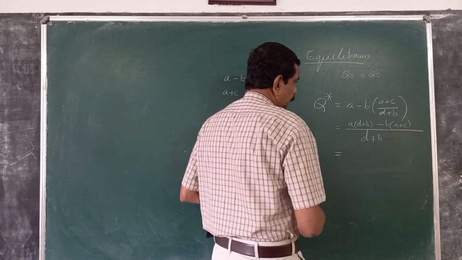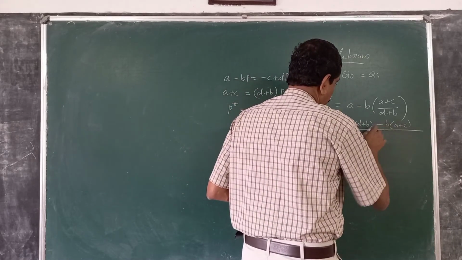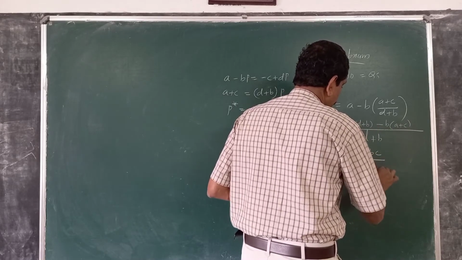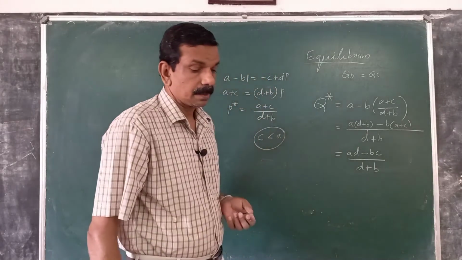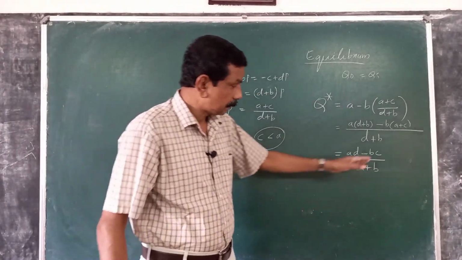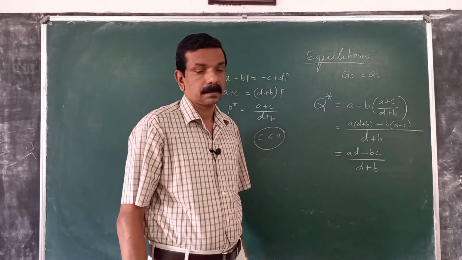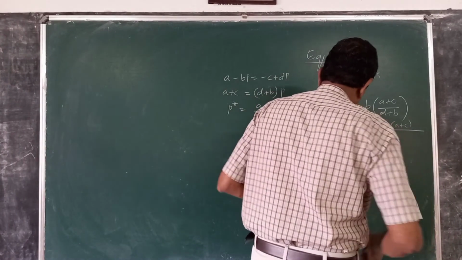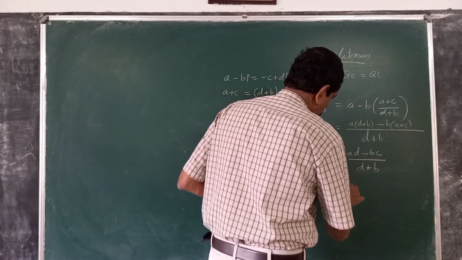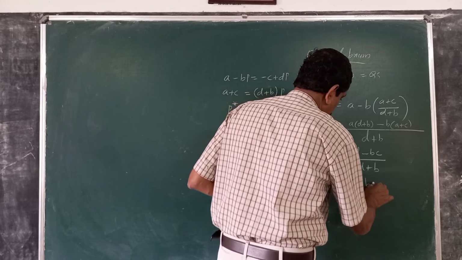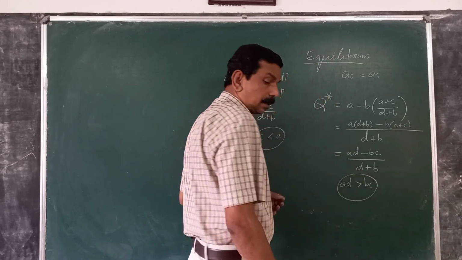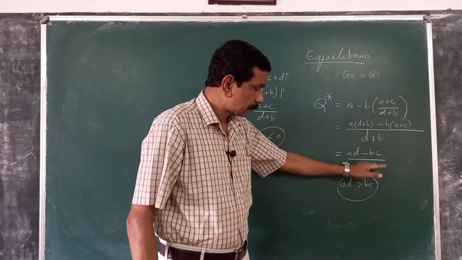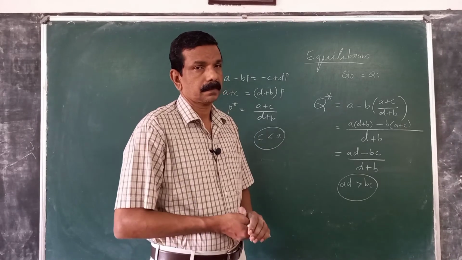That will give you, A cancels, AD minus BC by D plus B, AD minus BC by B plus D as the equilibrium quantity. And to ensure that in equilibrium the quantity is not negative, we have to ensure that AD is greater than BC. This condition is required to ensure that in equilibrium quantity is positive, not negative.